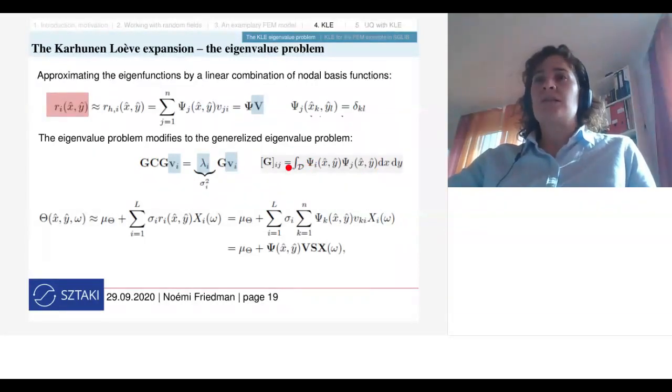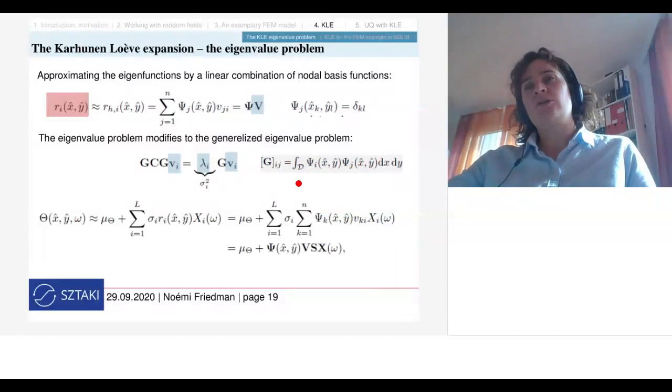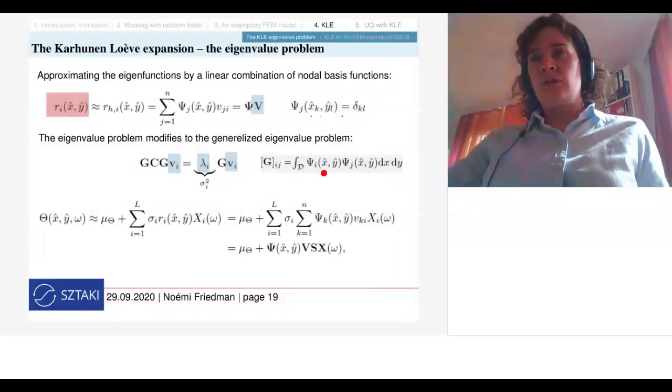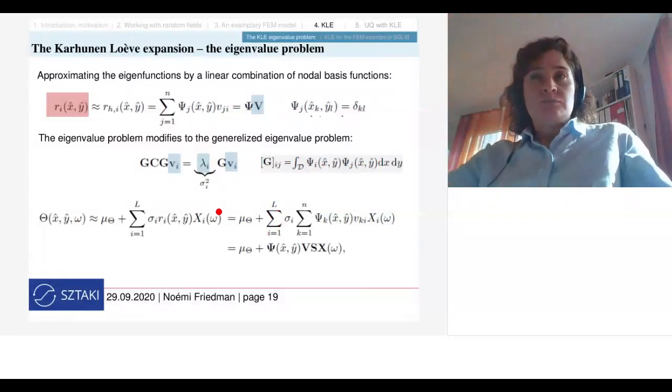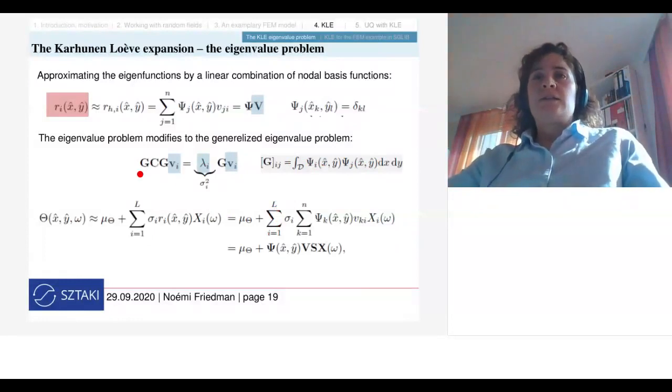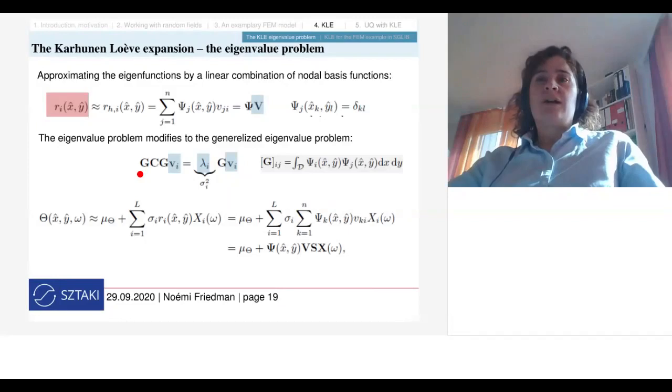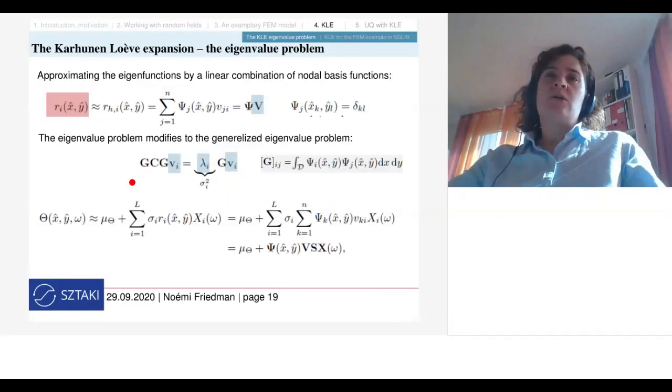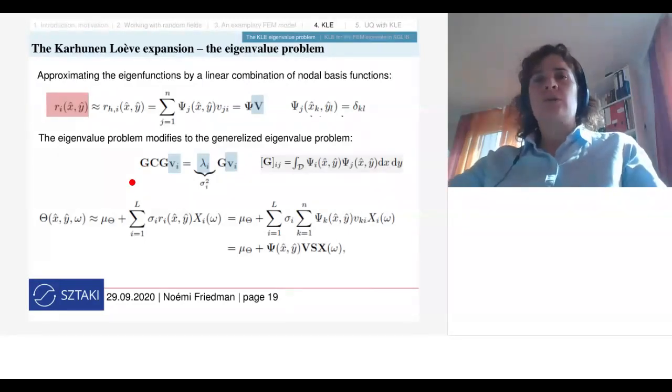So this is the same as the mass matrix or the Gramian matrix in the finite element method, where you have a set of basis functions and you integrate them over the domain. And this is computable with any finite element software, or you can also code it on your own in an easy manner. So this is the covariance matrix. These are the eigenvectors, the columns of this matrix.